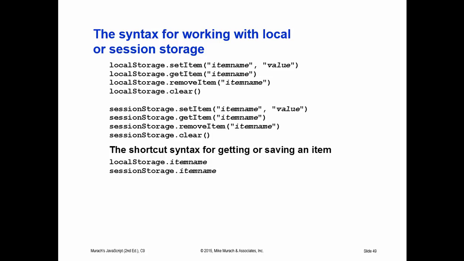So they start showing here how this can be used. You use the local storage and session storage objects. They store their items in what are called name-value pairs. Then you use setItem, getItem, removeItem, and clear to work with these objects. The setItem method requires two parameters that provide the name of the item and a value for it.